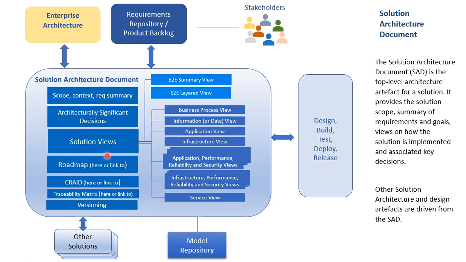I'll go into this in a bit more detail later. The solution views are the overall views which define the solution. So they may include the applications, the data, the infrastructure, the business, the service, and these usually provide models around your overall solution.